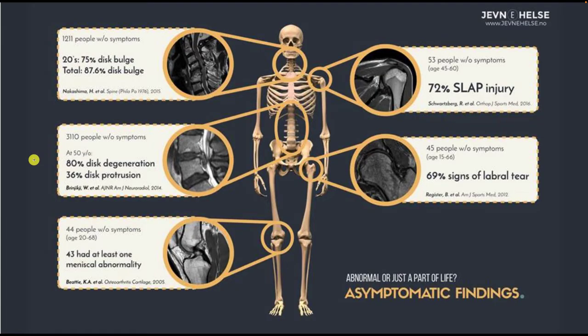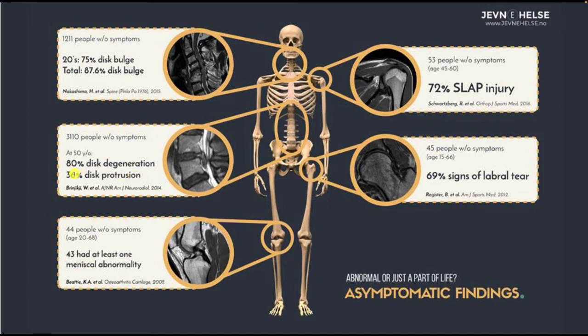If we take a look at this image, the one I want to draw attention to is right here. 36% of people shown in this study had a disc protrusion. Now, the medical system classifies the severity of a herniated disc, and a disc protrusion is the most severe, or the worst classification.